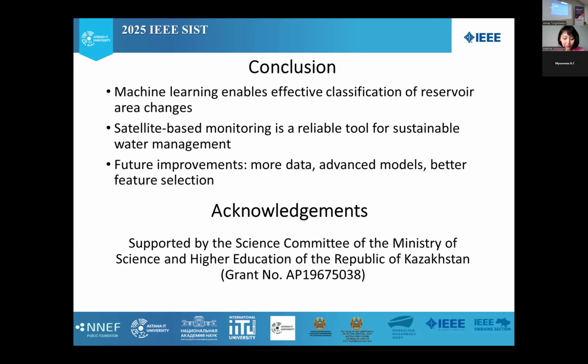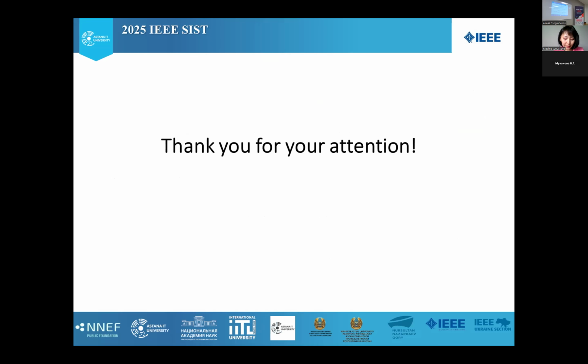The results showed that for most reservoirs the model successfully handled the classification task, although there were differences in prediction accuracy depending on the reservoir. These findings emphasize the importance of using satellite technologies and machine learning for water resource monitoring.